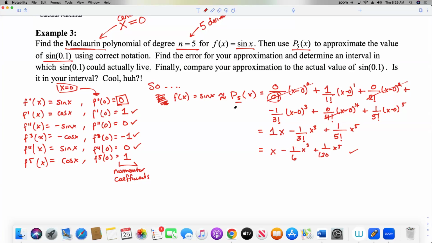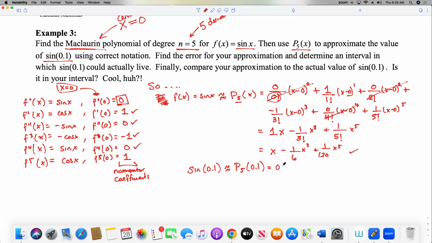So now that I have what my Maclaurin approximation is, I can answer my question, right? The question is, what is sine of 0.1 approximately? And that is approximately equivalent to P5 of 0.1.